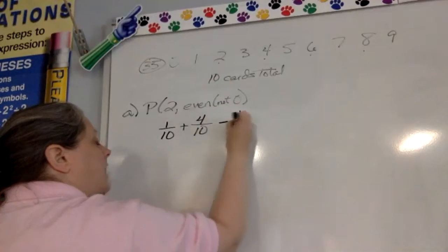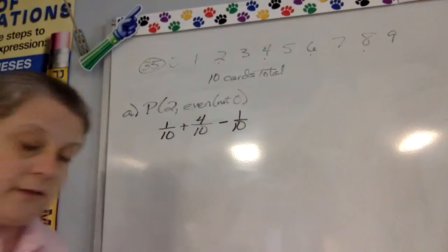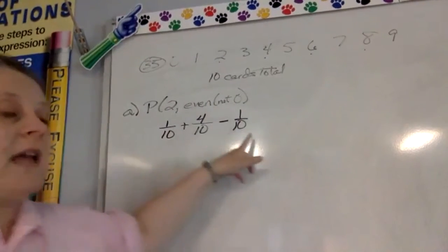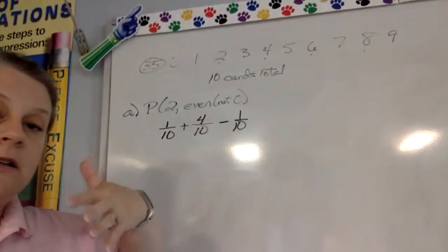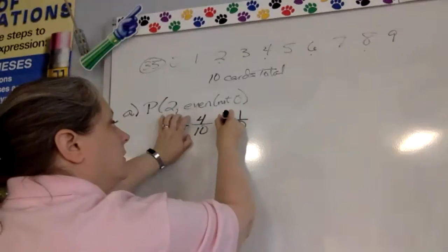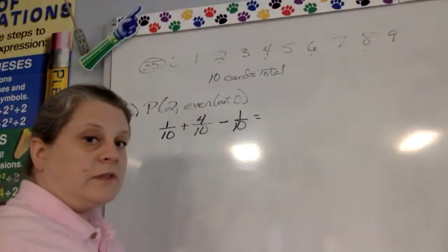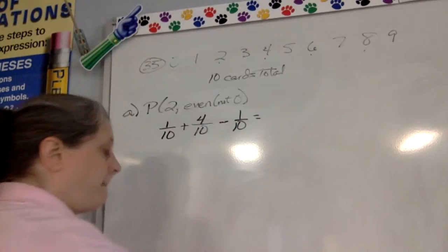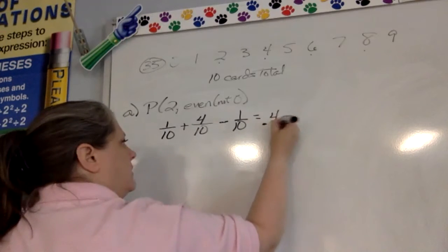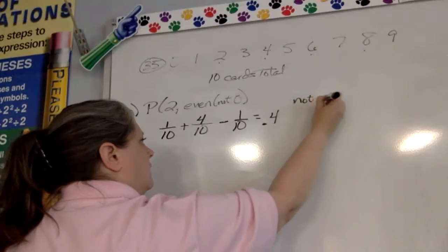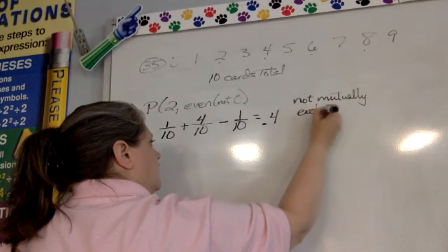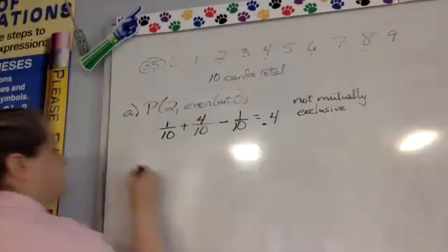So you have to subtract that one back off because you can't count it twice. Since the first thing and the last thing are the same, they cancel out. So I have 4/10. What's 4/10 as a decimal? 0.4. And these are not mutually exclusive.